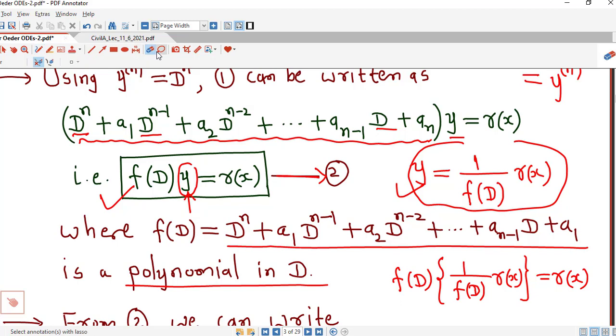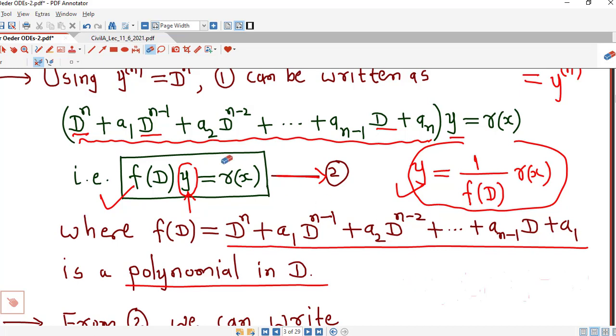That means this value of y which is free from arbitrary constants, it is particular value of y. So this value of y satisfies this equation number 2, and this value of y is free from arbitrary constants. So therefore this is particular solution or particular integral of equation number 2. So that we denote by y suffix p.